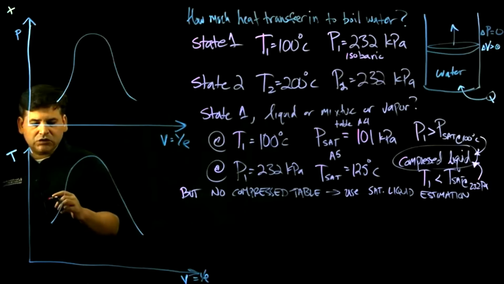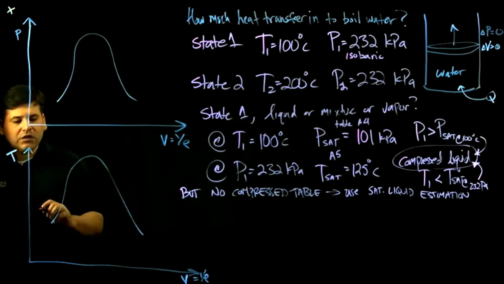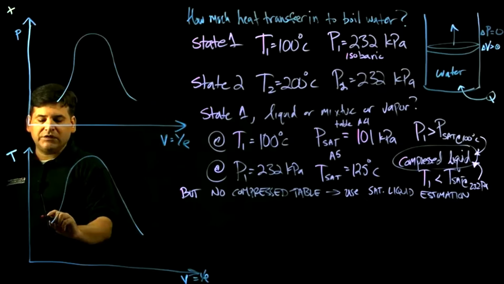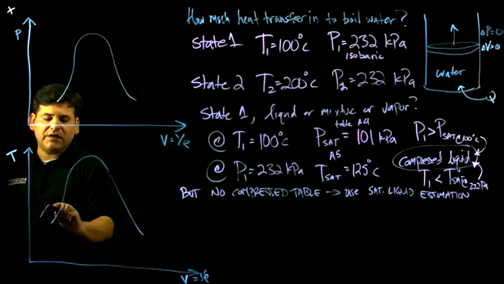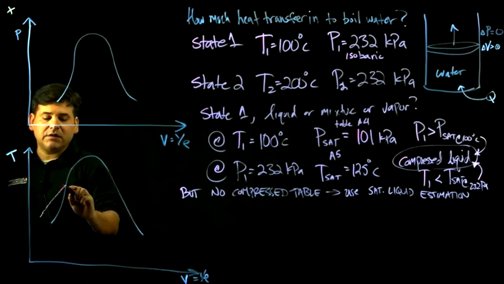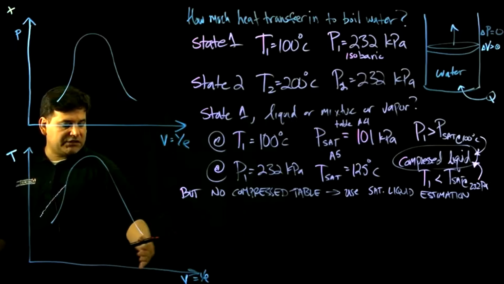So if we were to draw a constant pressure line, let's say this is 232 kilopascals, the way this phase diagram works is that this will be the same pressure, same pressure, same pressure, and the temperature increases as you go towards increased volume or decreased density.